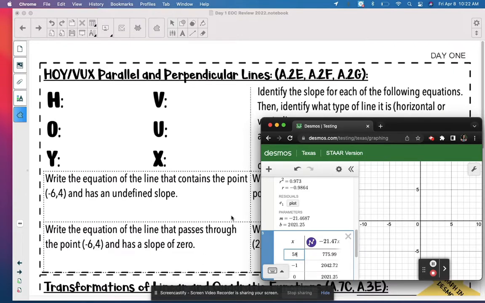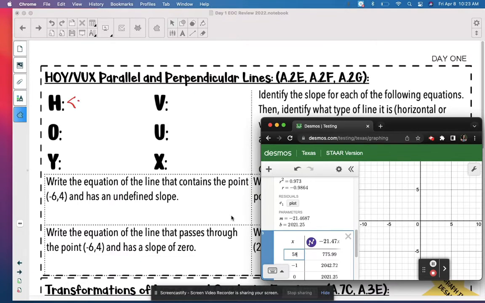HOY represents our horizontal lines, and those have a 0 slope, where the equation is going to be y equals a number. So essentially, whatever y value the line goes through.